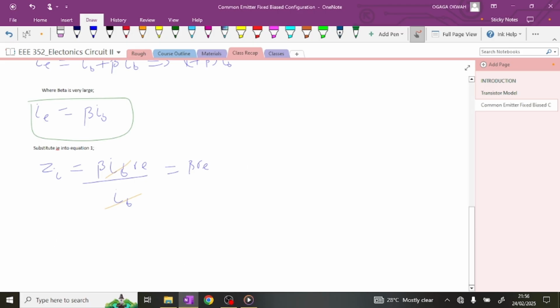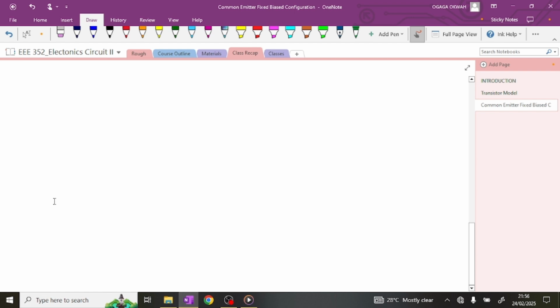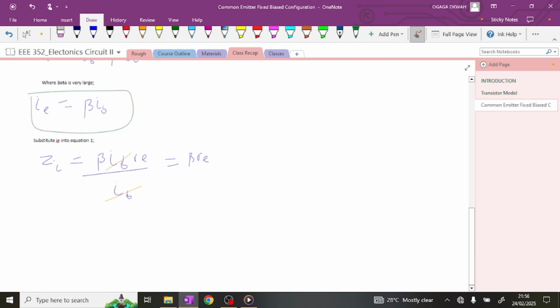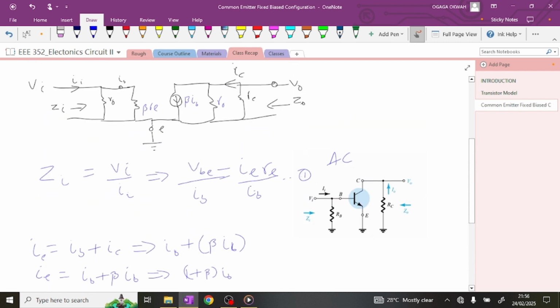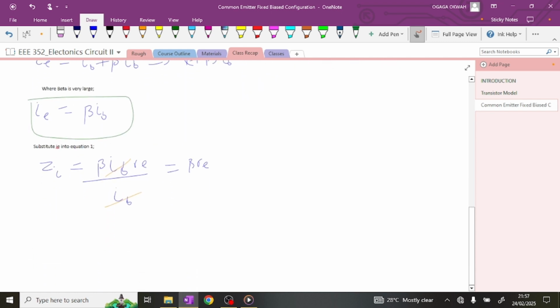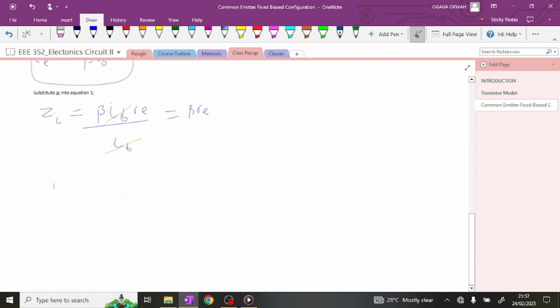So in this video we'll continue from the last video, continue from where we stopped, which is to derive or get the expressions for different parameters. What we are trying to arrive at is our voltage gain and current gain. The current gain is output current over input current, and the voltage gain is output voltage over input voltage.